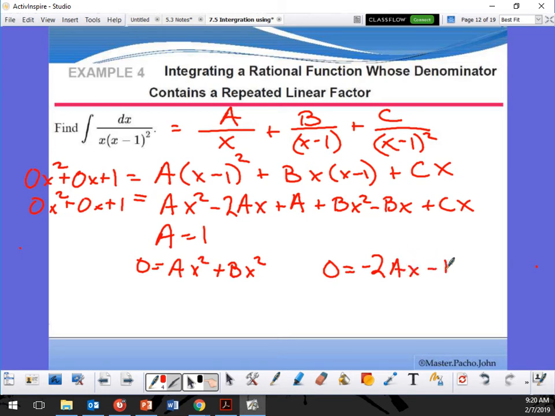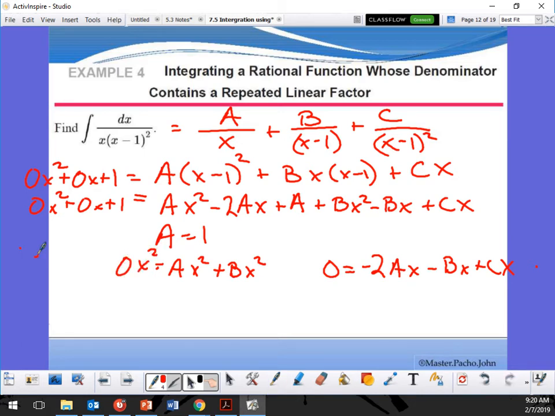Minus bx. Plus cx. Right? Yep. So now that I know that a is equal to 1, can I plug it in here? Yeah, for this one right here. So I don't lose this piece, 0x squared, there we go.